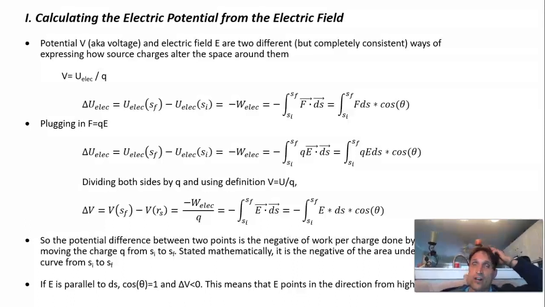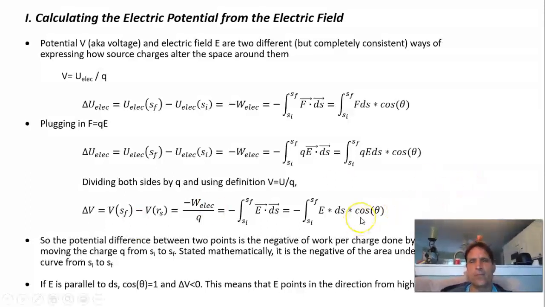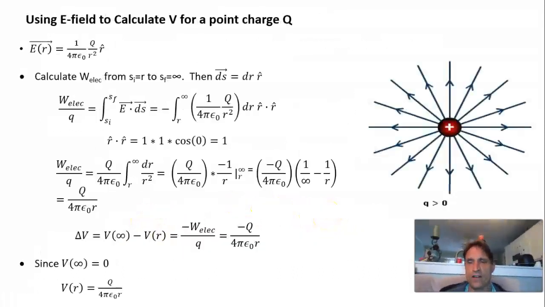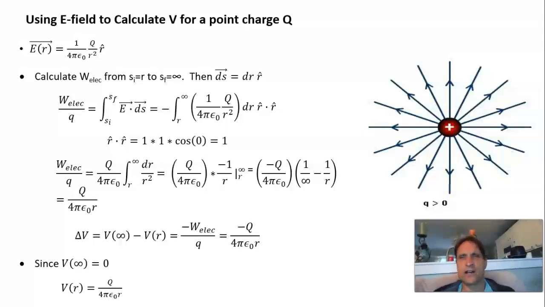So positive charges are going downhill if they're in the direction of the field, and positive charges are moving uphill to a higher potential if they're going against the field. Okay? But the main point here right now is that if we know the electric field and how it varies with position, we can integrate this equation, and the potential difference is the area under the curve of the electric field versus S.